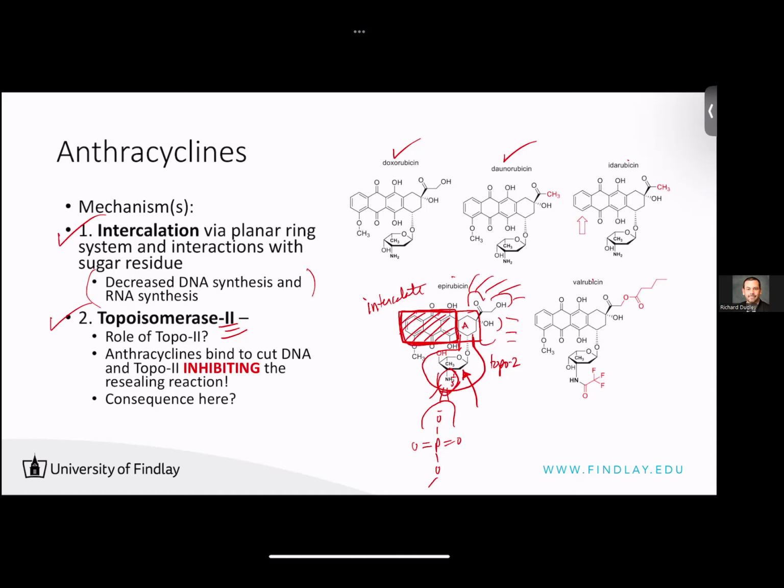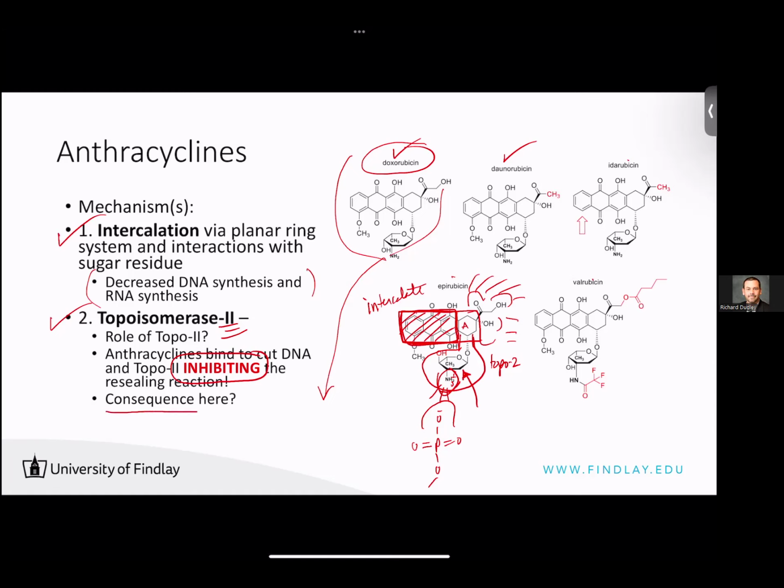What's interesting here is that when you administer doxorubicin to a patient with cancer, the doxorubicin will travel to the cancer cell, get into the nucleus, and then when the topoisomerase enzyme binds to the DNA and cuts that DNA, a drug like doxorubicin can slip in and bind very, very close to where that cut occurred, and it will inhibit topoisomerase 2 from resealing the break.